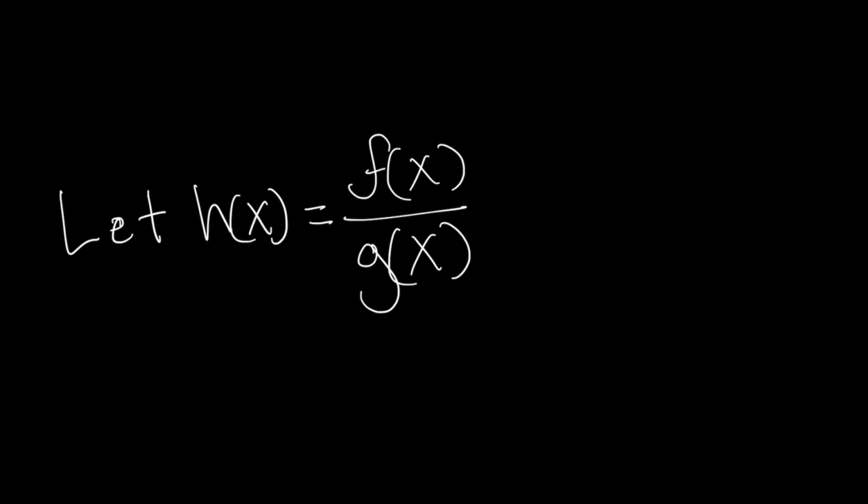The quotient rule is a method of finding the derivative of a function that is the ratio of two differentiable functions where g of x, the bottom function, is not equal to 0.